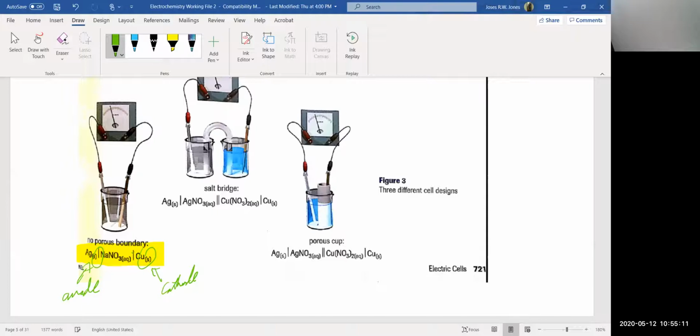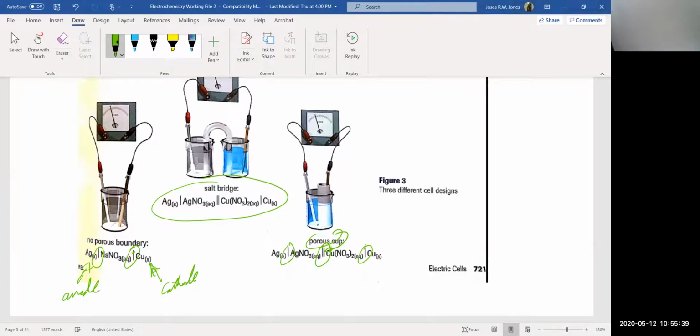Over here, this is the anode, and this is the cathode, and this is the porous cup. The porous cup is represented by this notation, which is the same as what we saw before.